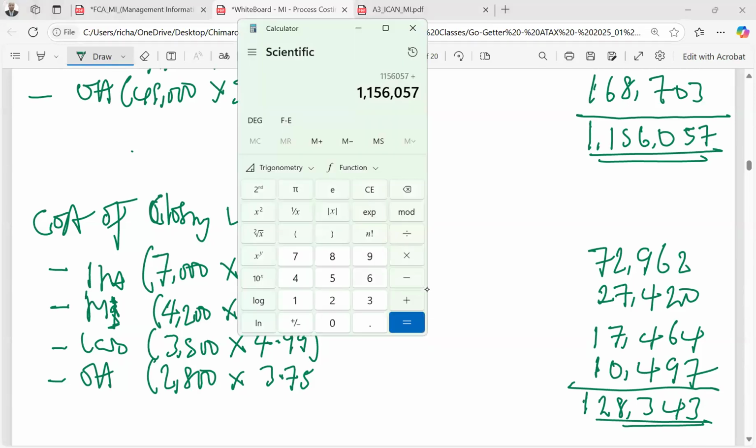We were to add these two, 128,343. All right, got in what I want.